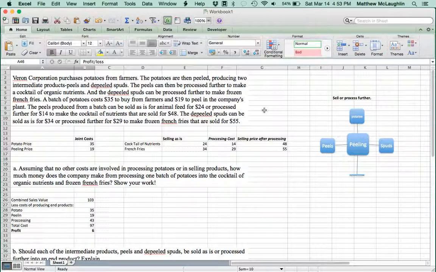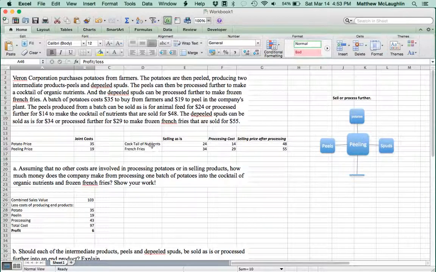Basically what's going on is you've got these potatoes, and then they get peeled. After you peel them, you're left with two intermediate products: peels and spuds. You can sell the peels as is for $24. You could also just sell the spuds as is for $34.